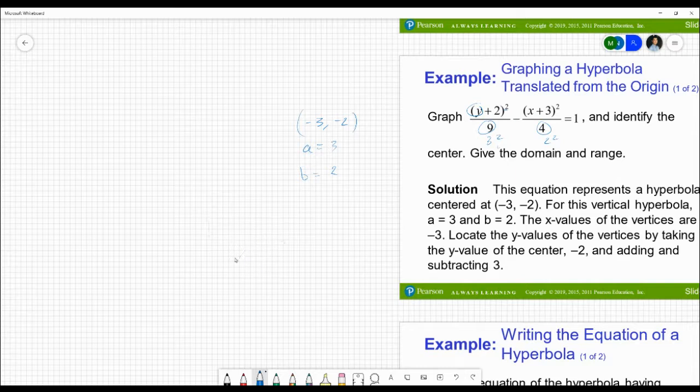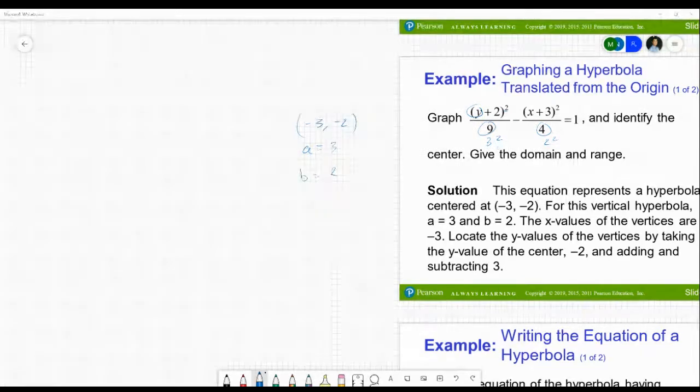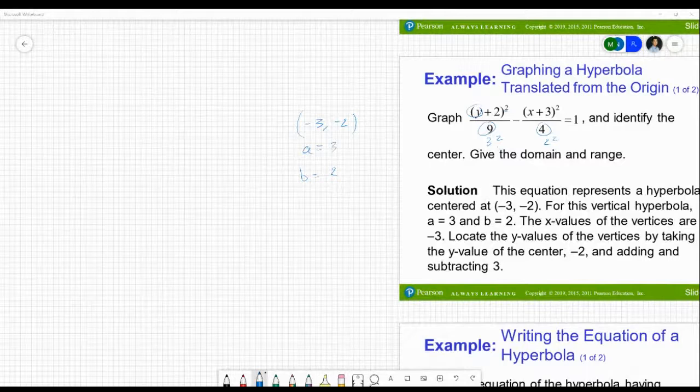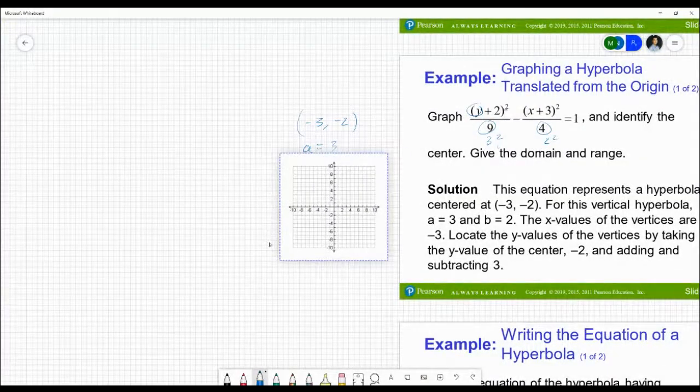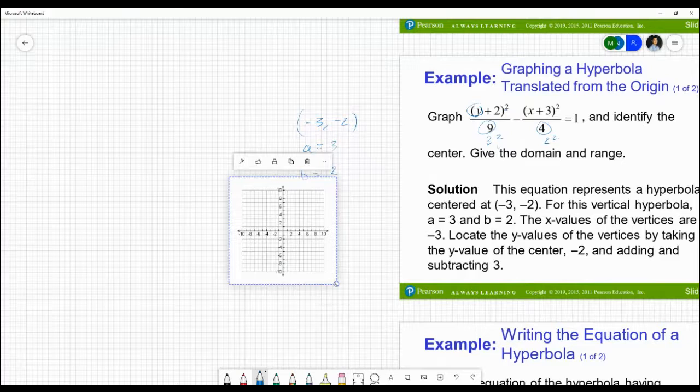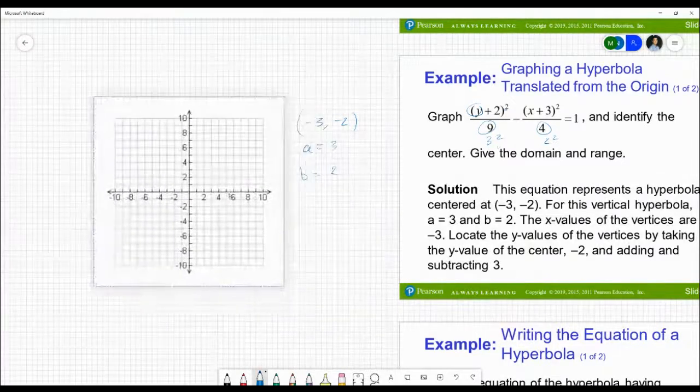Actually, let's see if I can import a graph here, so I don't have to draw the graph. Where's all my graph stuff? Here we go.